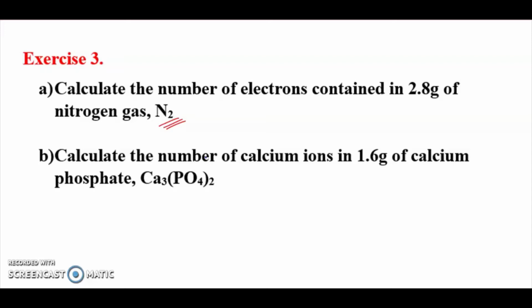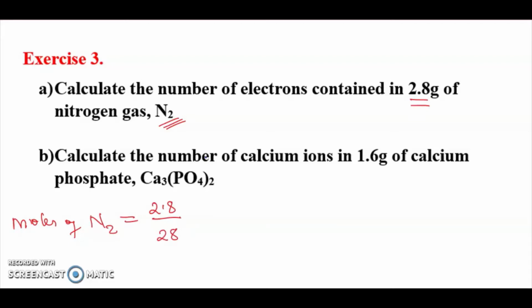that is N2. So we have moles of N2. We were given the mass, 2.8 grams of nitrogen gas. So we have 2.8 divided by 28. Where does the 28 come from?